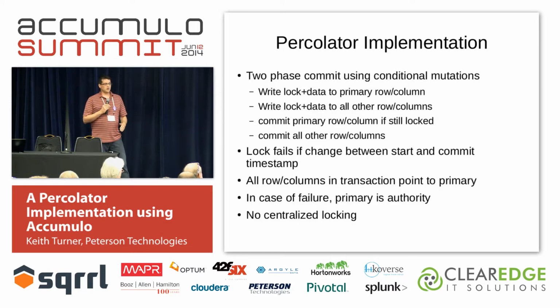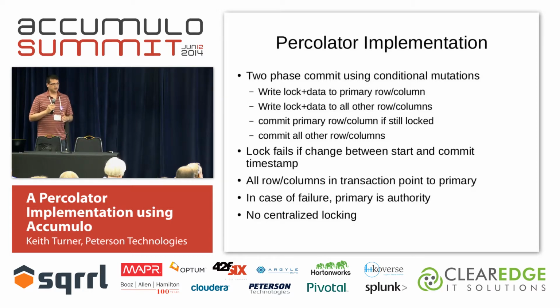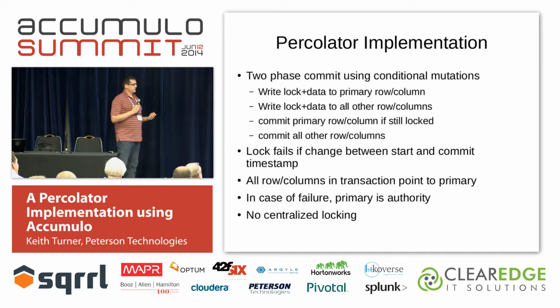Once it gets all the row columns locked, that prevents any transaction that started after your transaction from reading the data. They'll block and wait. And after it has everything locked, it can commit the primary column, and then it can commit all the other columns.